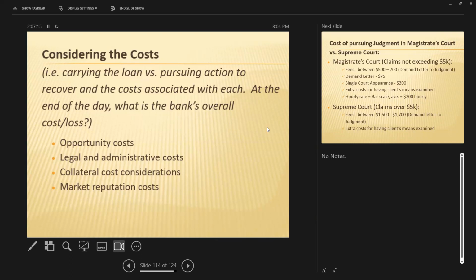The legal and administrative costs, we touched on that a little bit in considering whether you go to the magistrate court or the Supreme Court, and secondly, whether it's worthwhile spending any money going after this client. Because at some point, you already have one statement of affairs.